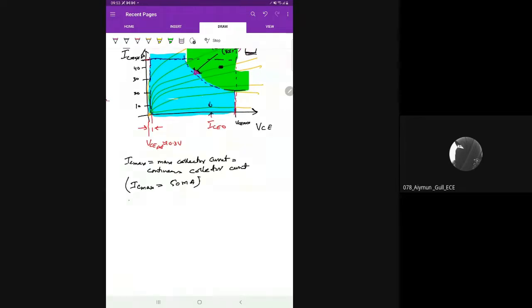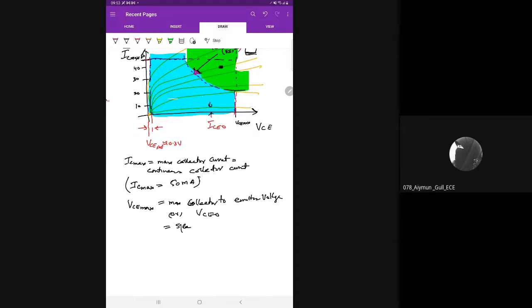And what is VCE max? VCE max is maximum collector to emitter voltage, or VCEO. Okay, what does it specify?